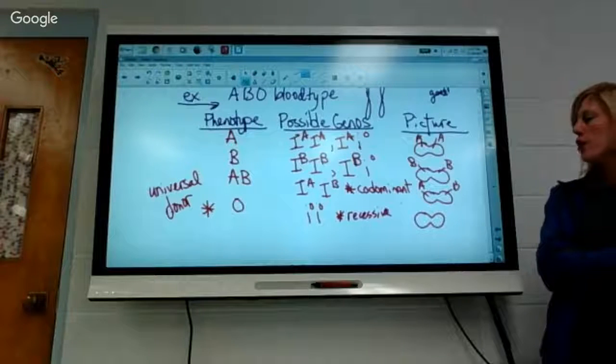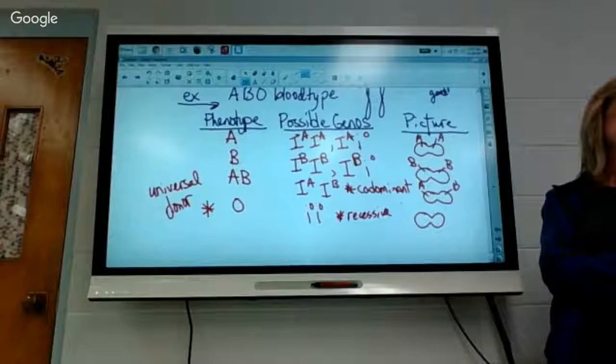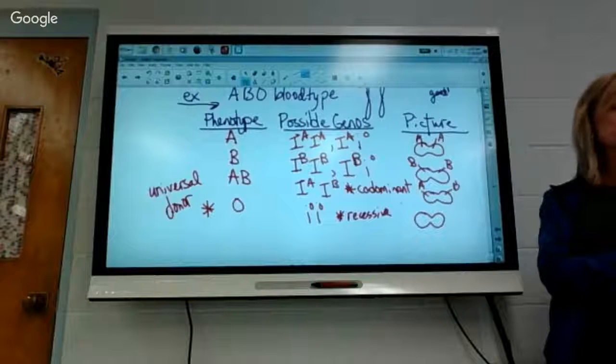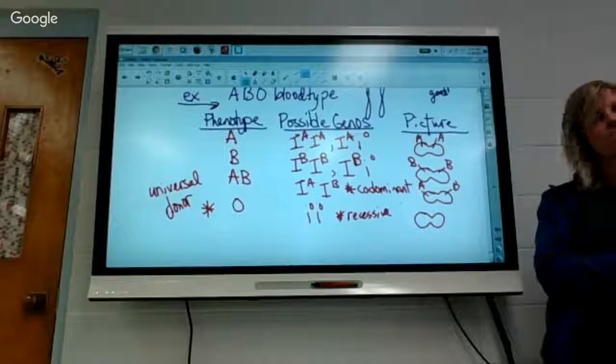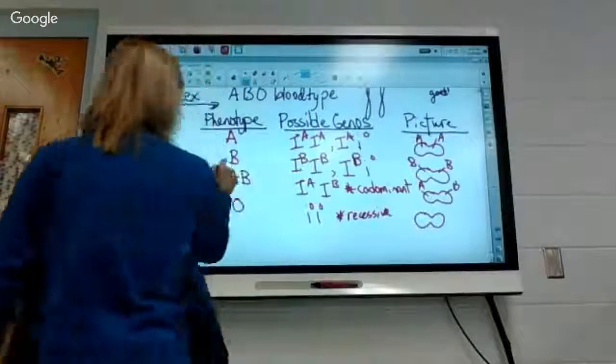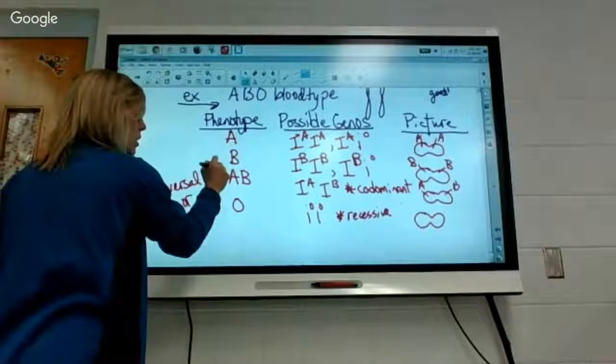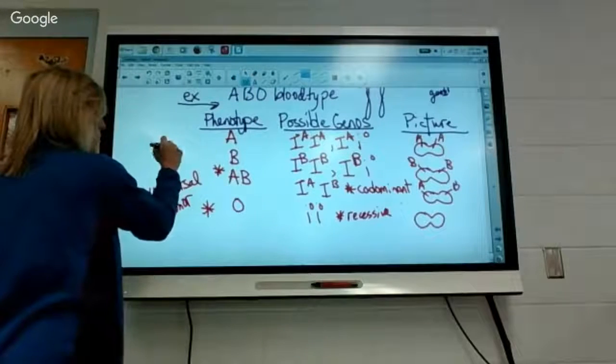If you have O blood type, who can you receive blood from? Only O. So while you can donate to many people, you can only get O blood. So let's put this one as the universal acceptor.